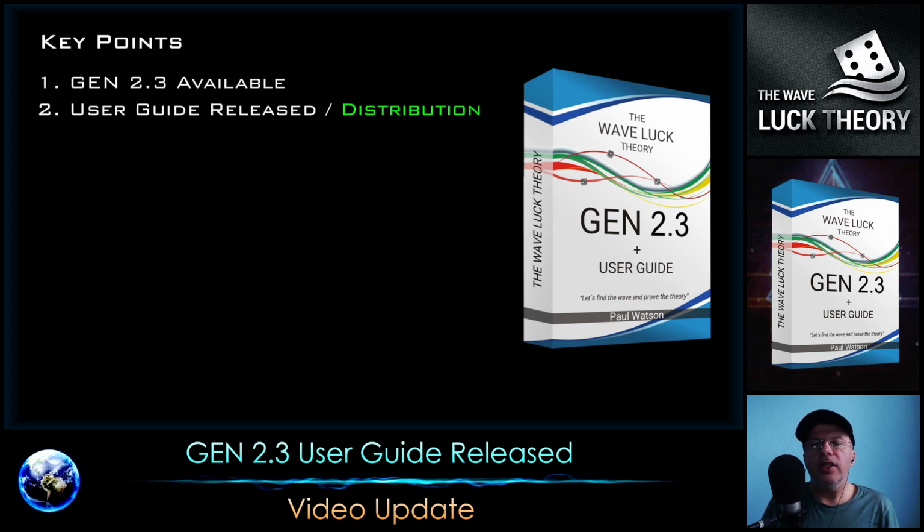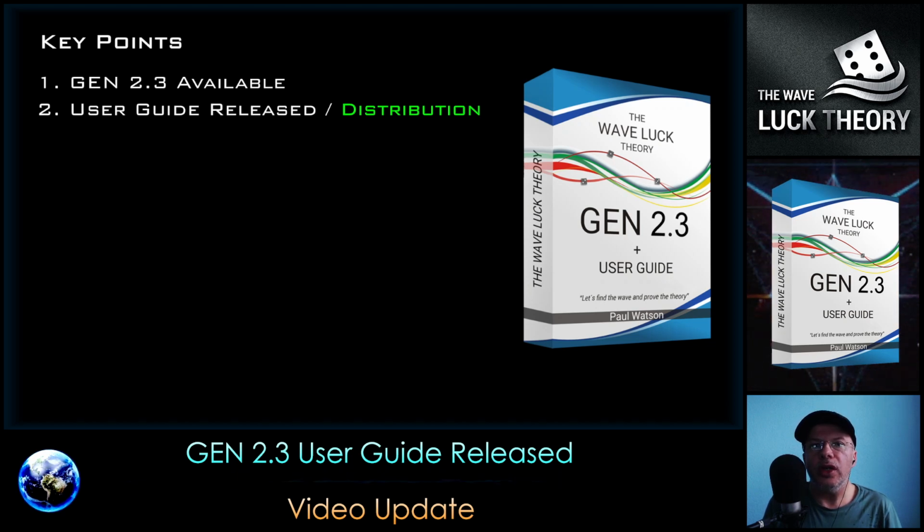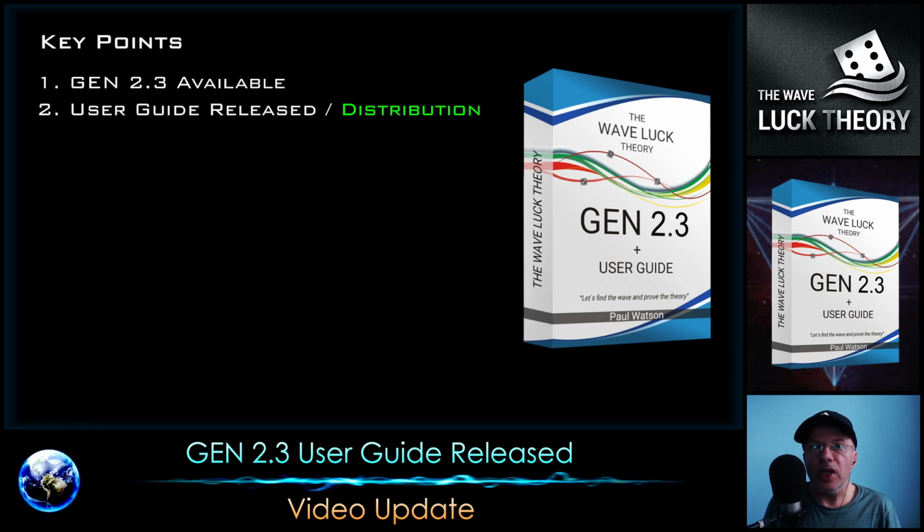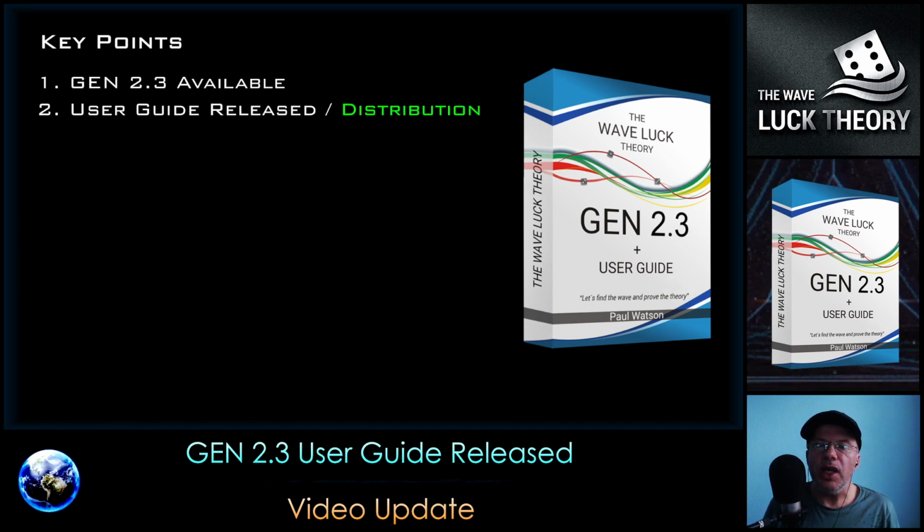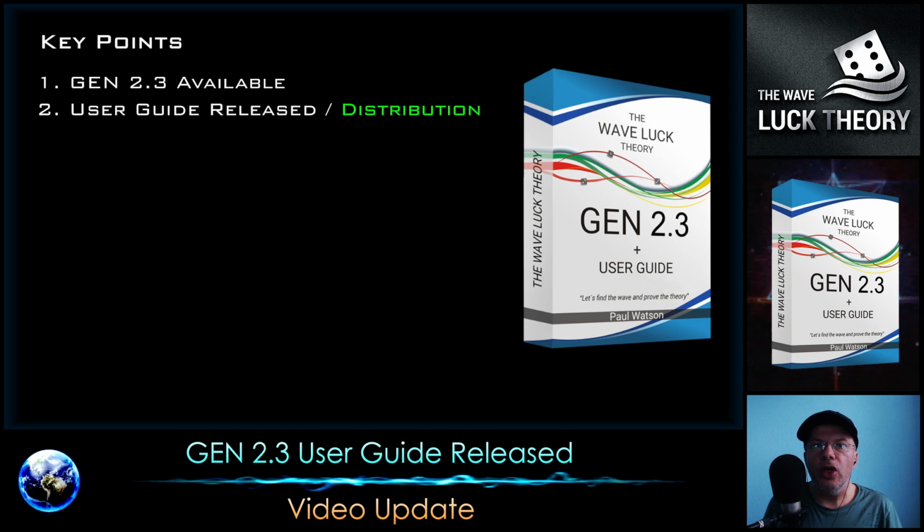The user guide is released right now, and I'm going to distribute it to all of you who already have the Gene 2.3, so I'll send you an email with the link where you can download it. And if for some reason you do not get it, please write me and I'll send you this link so you can download it, and this link will be available only for those who already have the Gene 2.3.